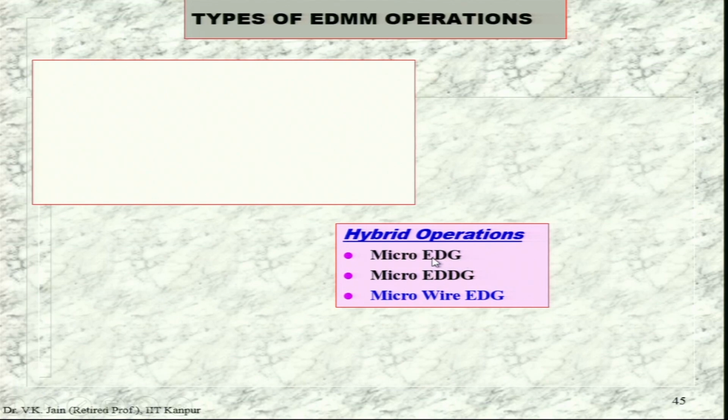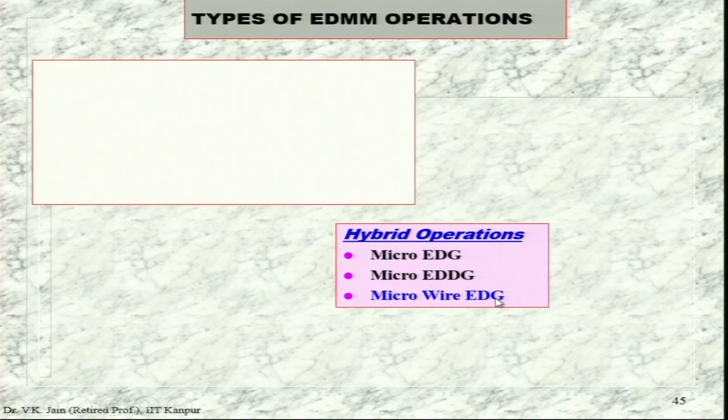Micro electric discharge diamond grinding, here in place of normal abrasive particles as in EDG, diamond is used as the abrasive, where EDM and diamond grinding both are combined together to take the advantages of both the processes.